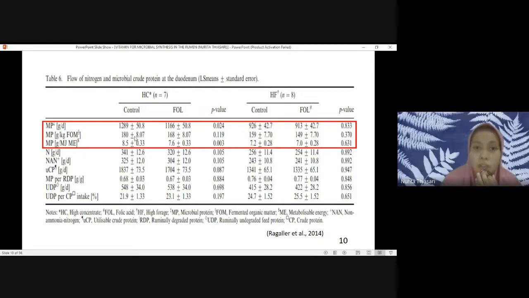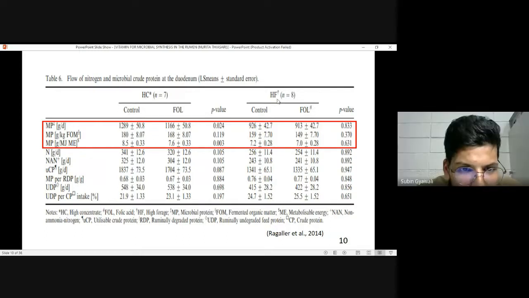So your question is the energy level is different between the high concentrate and the high forage, right? No. In case of the control and folic acid, the first one is for high concentrate, control and folic, and high forage, control and folic. Both of them have the same metabolic energy value, right?